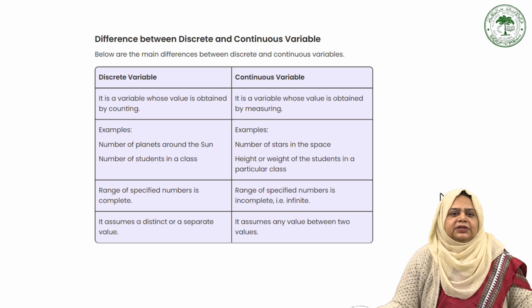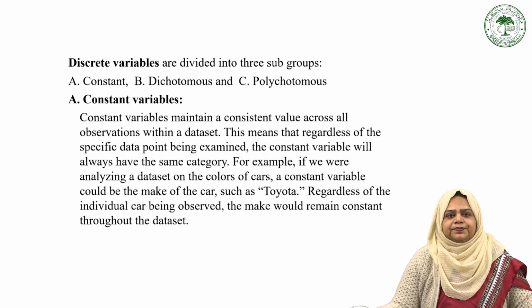The range of specified numbers in discrete variables is complete, while the range of specified numbers is incomplete in the case of continuous variables. Discrete variables assume a distinct or separate value, while continuous variables assume any value between two values.